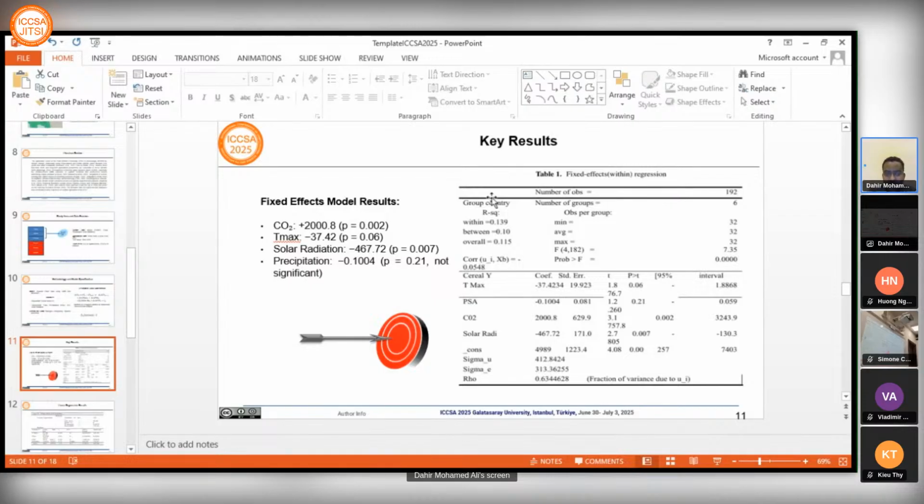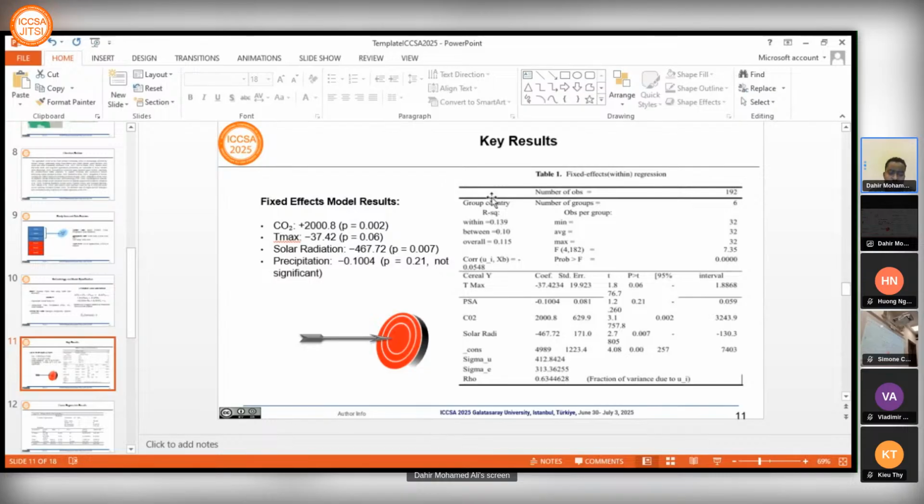Regarding the climate variables, maximum temperature shows a negative effect on cereal productivity, with a coefficient of approximately negative 0.7, which suggests that higher temperature tends to reduce cereal yield. This effect is significant. Rainfall has a small negative coefficient, but it's not statistically significant in this model.